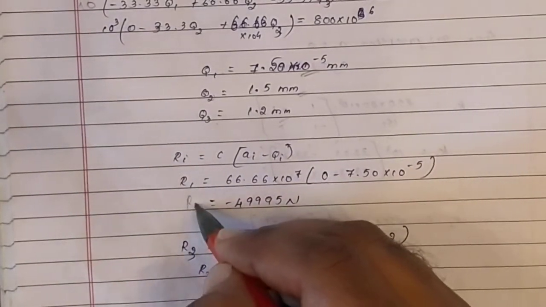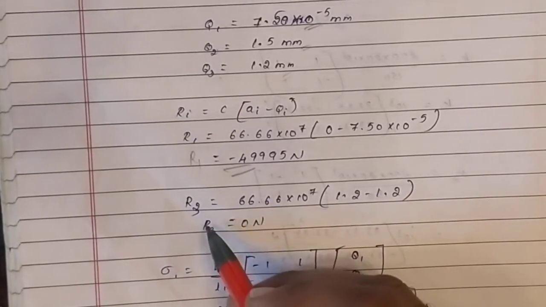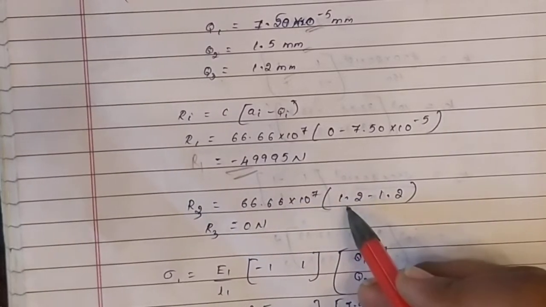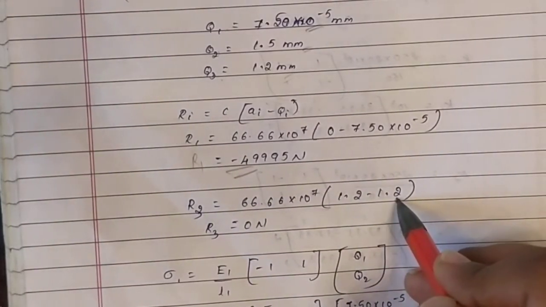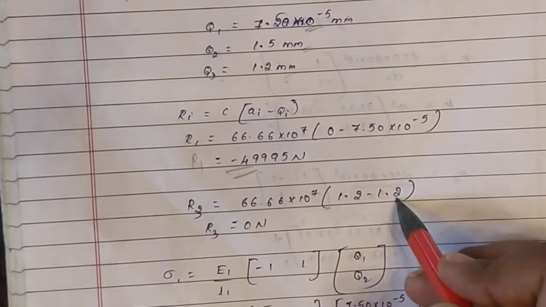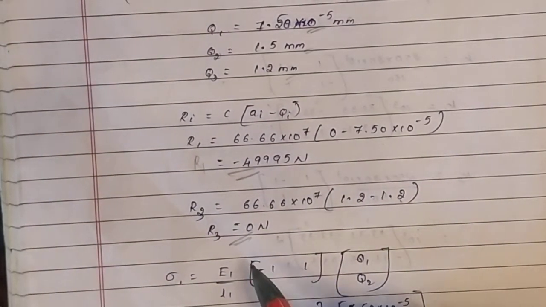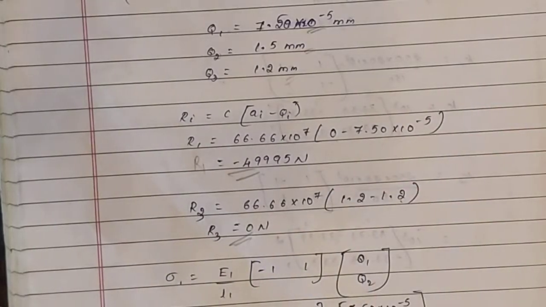You will get R1. Node 3 is fixed, so R3 is equal to C into A3 minus Q3. So here you can see R3 we are getting as 0 because there will be a slight displacement in that, so there won't be a reaction force.